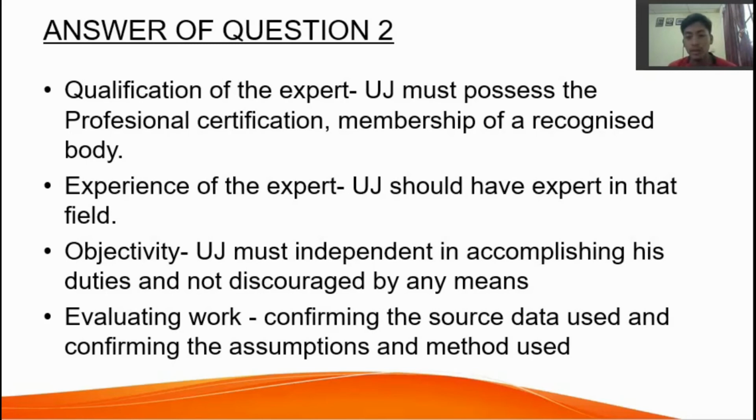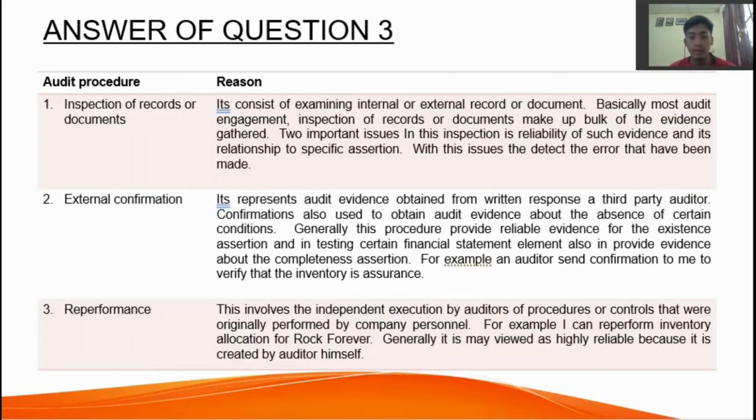UJ should also have expertise in that field, such as the valuers of the jewelers. The third point is objectivity. UJ must be independent in accomplishing his duties and not discouraged by any means. The last one is evaluating work, confirming the source data used and confirming the assumptions and method used.